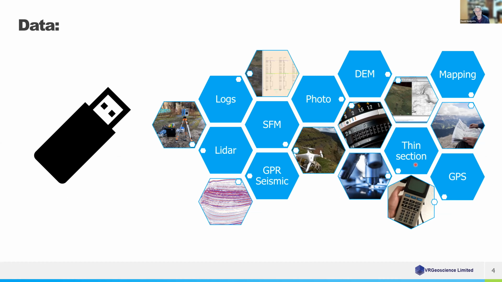We have thin sections that we can integrate into our models, traditional mapping techniques and elevation model mapping techniques. And on the planet Earth, we're very fortunate to have GPS to georeference our data sets, which of course we don't have on other planets yet.